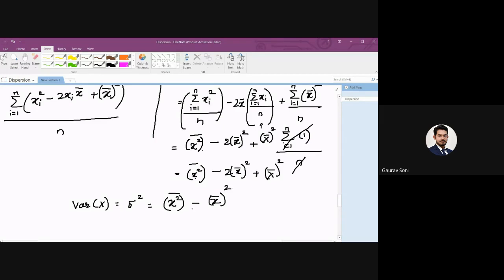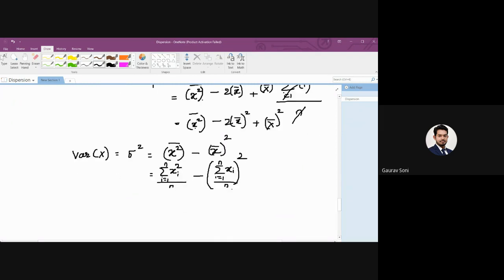If I want to write this down in the summation form, the first one will be summation xi square, i running from 1 to n, divided by n, minus summation xi, i running from 1 to n, divided by n, bracket complete whole square. I hope it is clear.